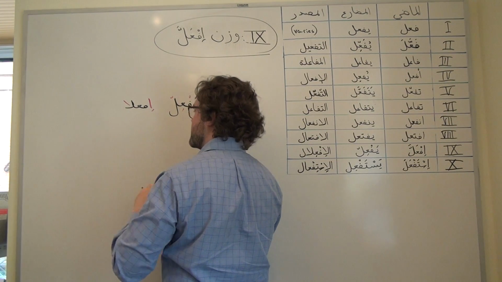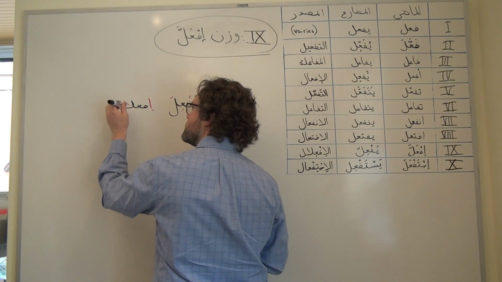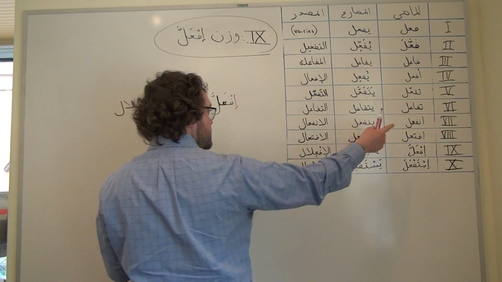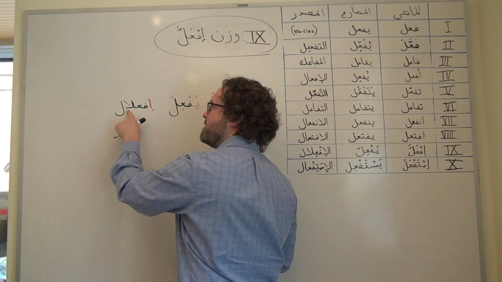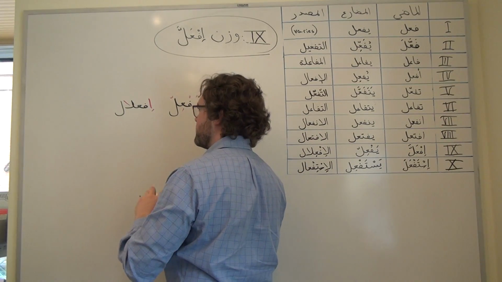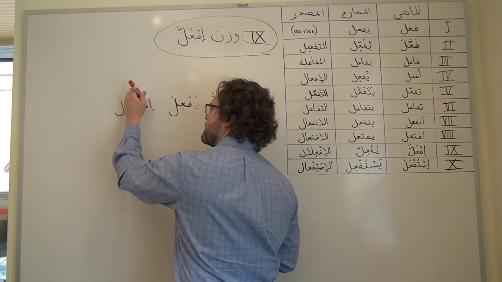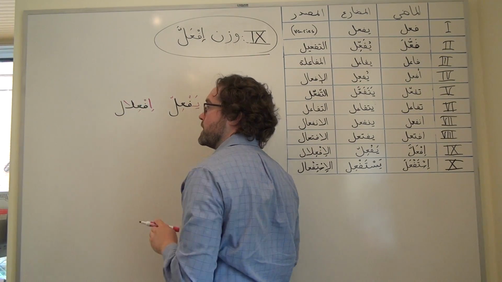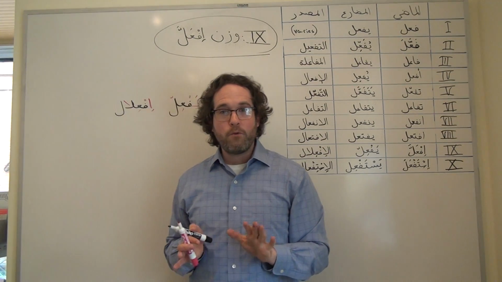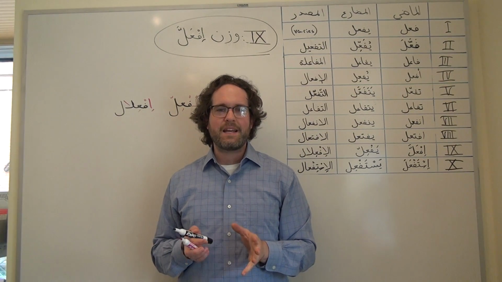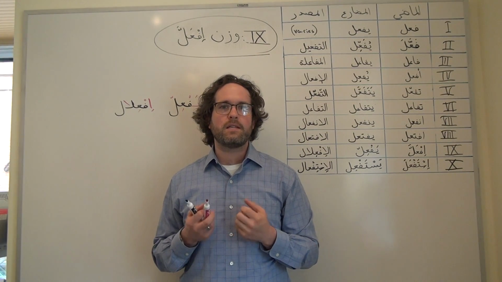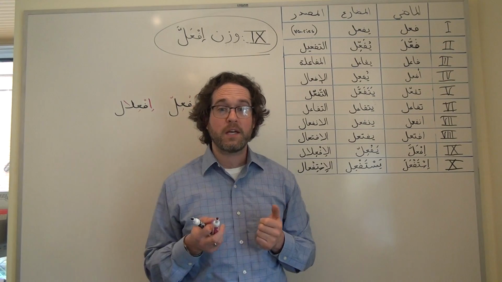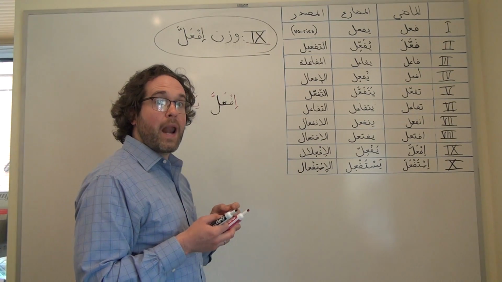And then, just like with the other derived forms, 7, 8, and 10, we add an alif between the final letters, so the final product looks like this. If'ilal.